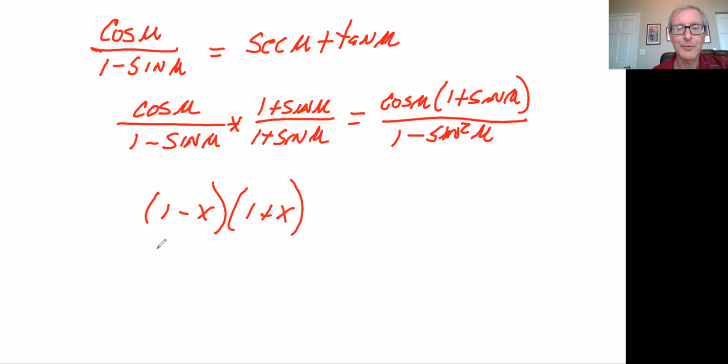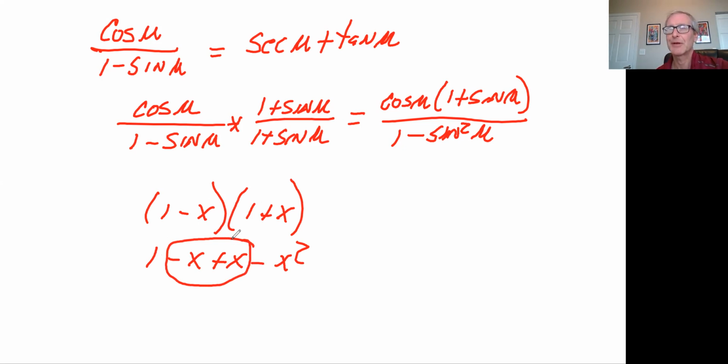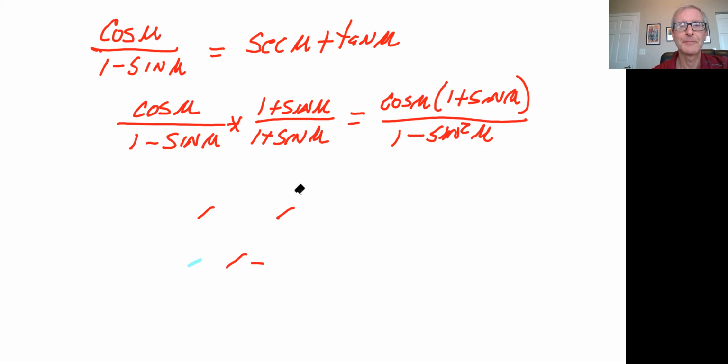Just to do that for you, it'd be 1 plus x minus x minus x squared. So you see the conjugate idea is that you get rid of that center term. And so when doing that, the next step is to do the Pythagorean identity again, right?